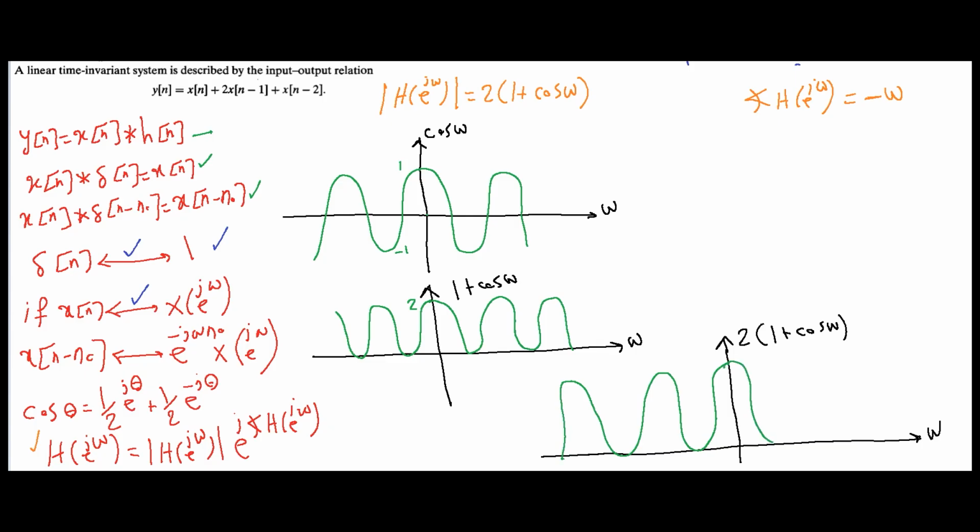Finally, multiplying the entire expression by 2 doubles the amplitude. Therefore, the maximum value becomes 4. This is the magnitude response of the system.